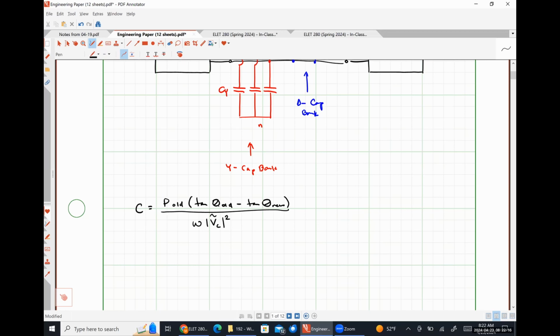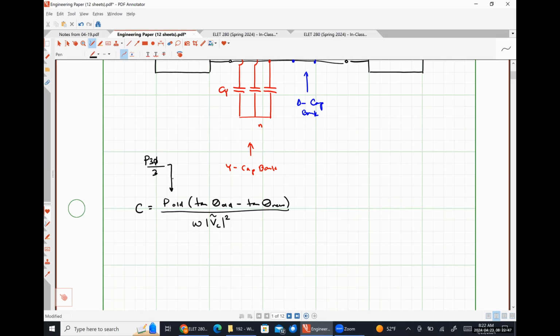The reason for that is because we're not correcting the power of all three phases with a single capacitor. It's literally impossible. We're correcting the power on each phase. So that's why we're using a single phase power. So this power right here is just going to be P three phase divided by 3.